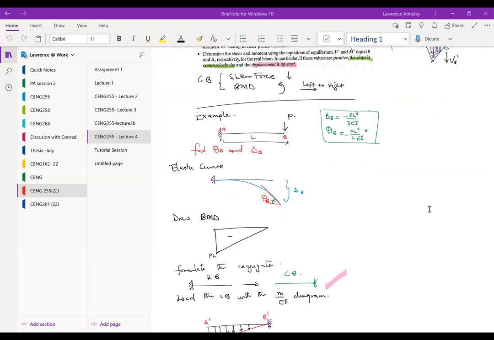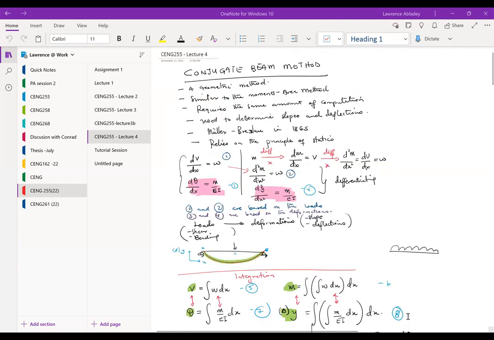So I think last week we introduced the conjugate beam method. We explained that the conjugate beam method is a geometric method, just like the moment area method.